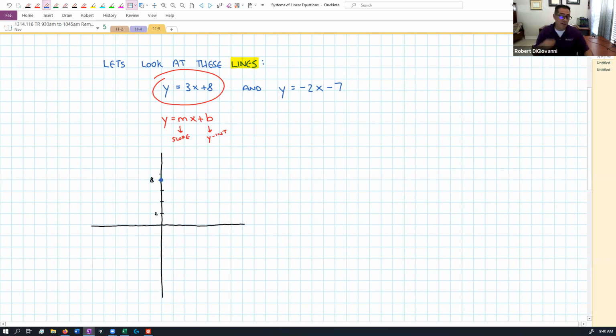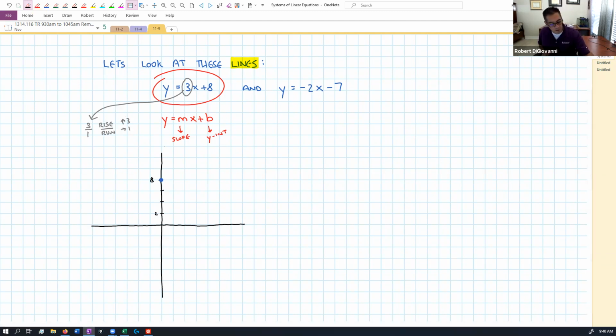Now, to get to the next point on the line, I have to use the slope, and the slope is 3. We have to look at the slope as a fraction, so I'll look at it as 3 over 1. That's my rise divided by my run. This means I'm going to go up by 3 and to the right by 1, and that's how I get to another point on the line.